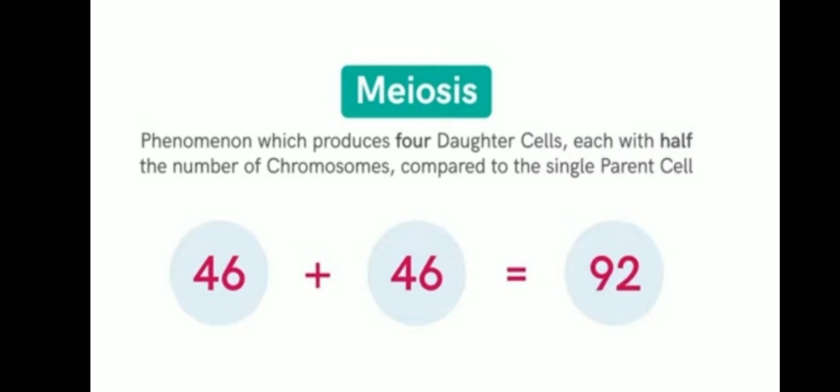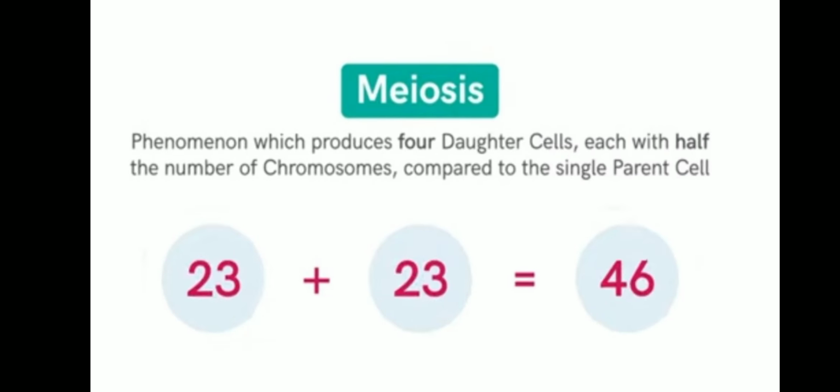Suppose if a male gamete is having 46 number of chromosomes and female gamete is having 46 number of chromosomes, means when male gamete and female gamete fuse together and produce the embryo, that embryo will have 92 number of chromosomes. Just imagine. This is not at all possible. So this calculation is completely wrong. Then what happens in the meiosis?